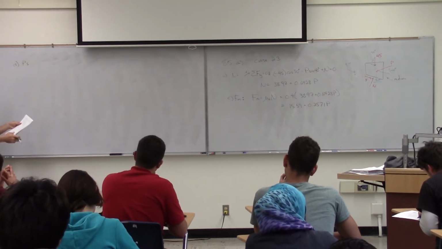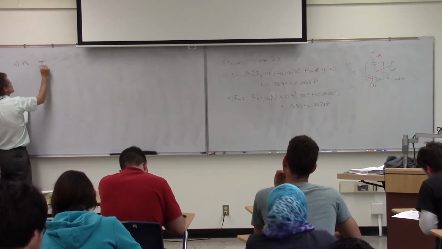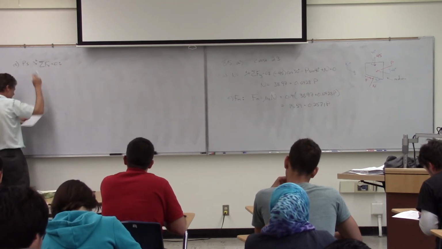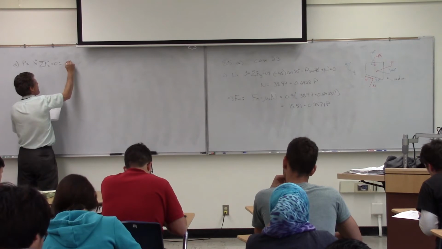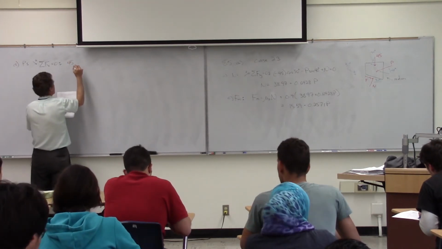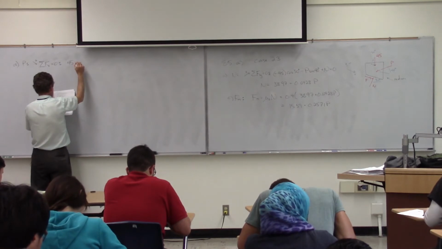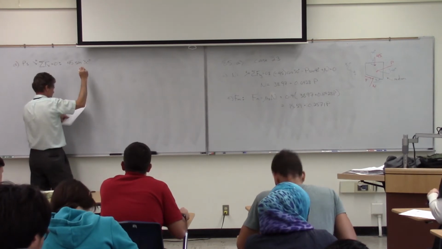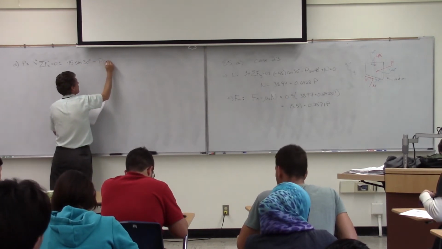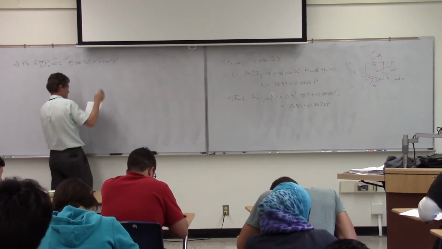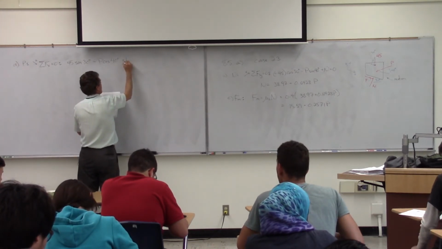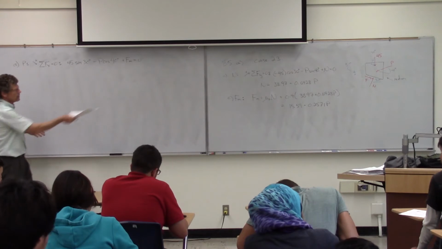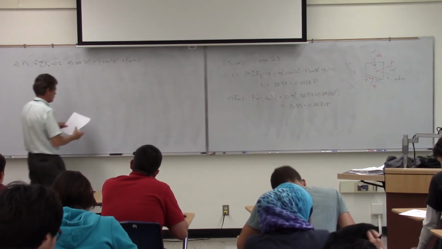Okay, and step D, now I'm going to use my equilibrium equations once again. I'm going to sum forces in the x direction. Okay, so I just sum my forces in the x direction there, but note I've already solved for F_m, so I'm going to plug that in.